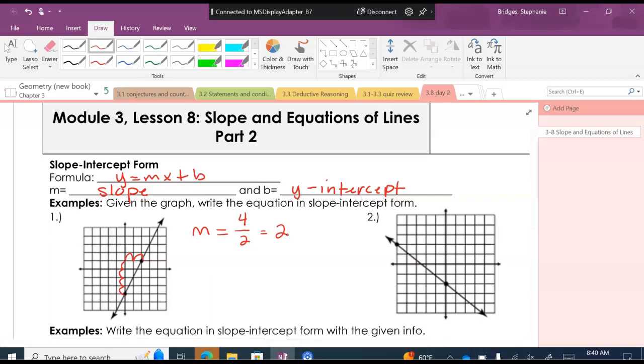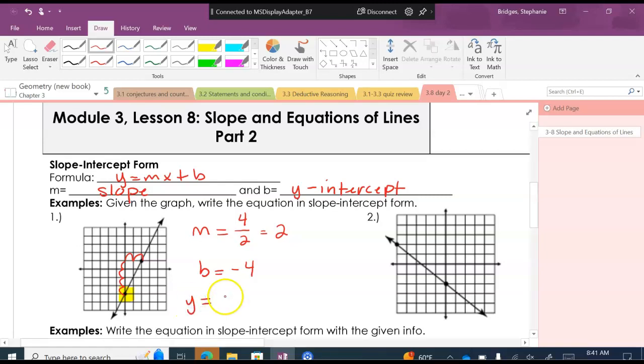And then the other piece of information I need is my y-intercept. We talked just a minute ago about the y-axis being the vertical one. So where does my graph cross the y-axis? We're looking at that number right here. -4. Does everybody agree with that? Now that I have my slope and my y-intercept, it's just a matter of writing the equation, plugging the slope in place of m.